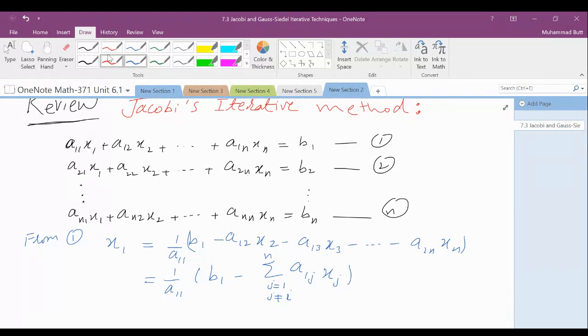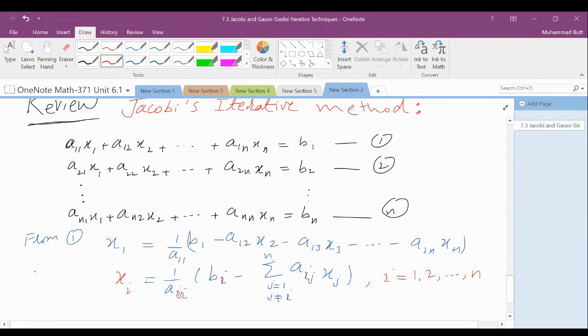So what I mean is that I would like to write this now in compact form. This is xi, and this will be i. And now what is i? i is 1, 2 up to n.